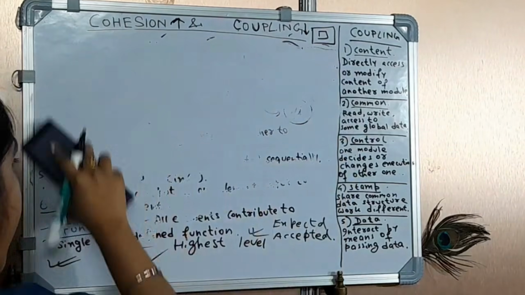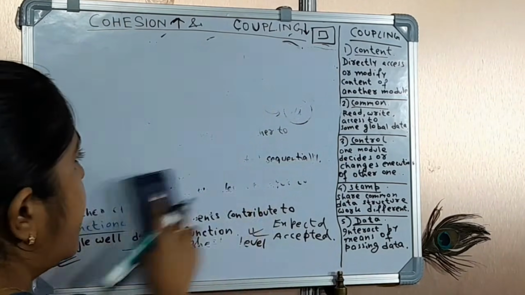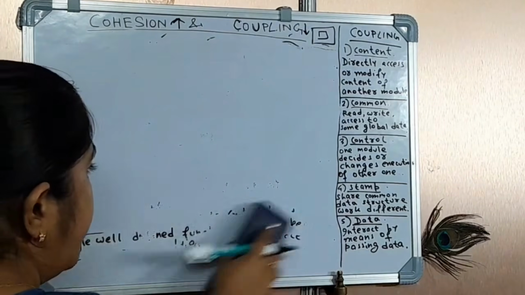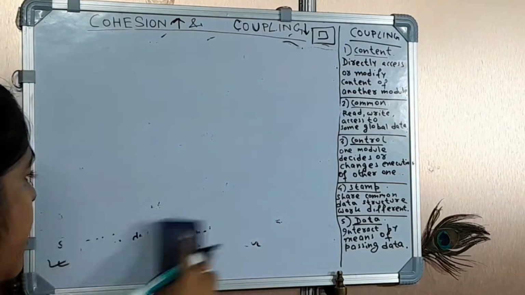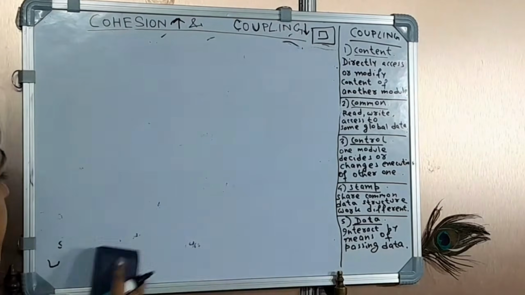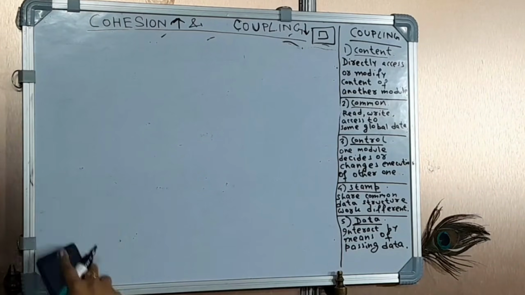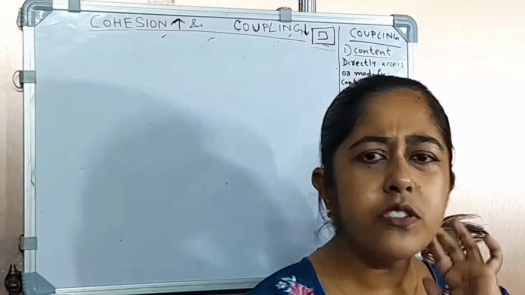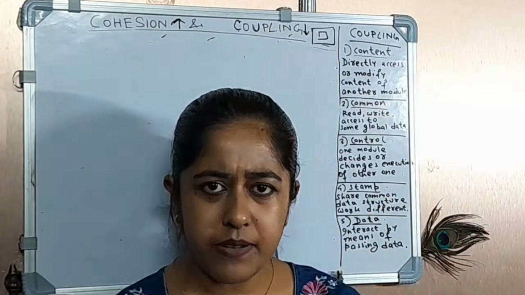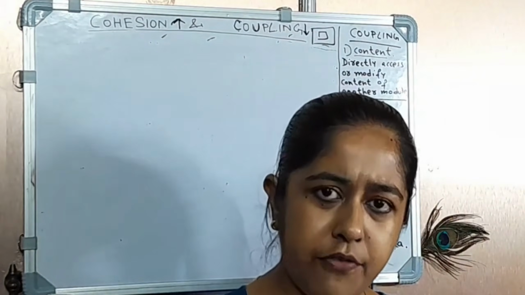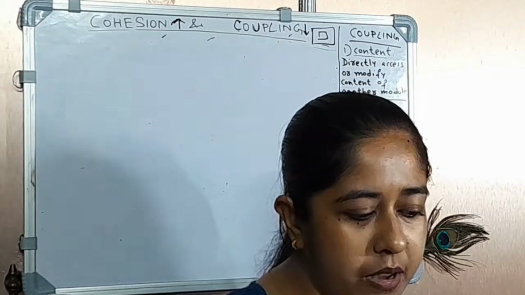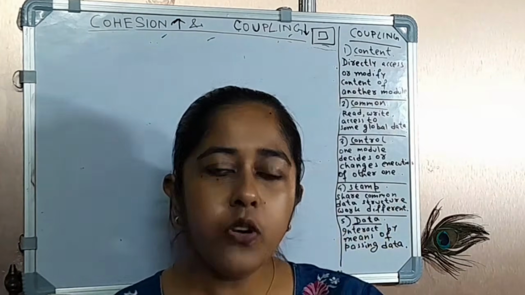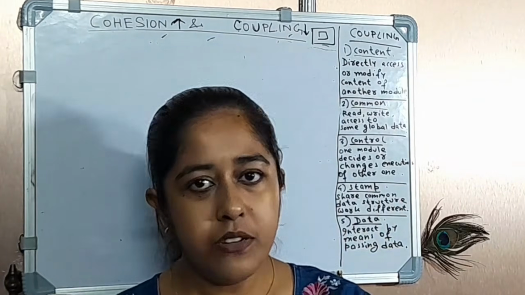Now we will see how the interdependability between different modules is described. Coupling is also of five types, but no coupling is ideally best or highly accepted.